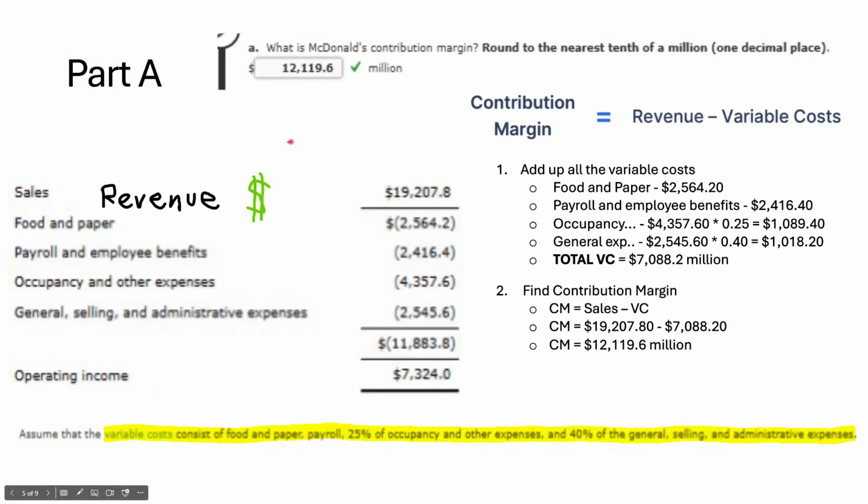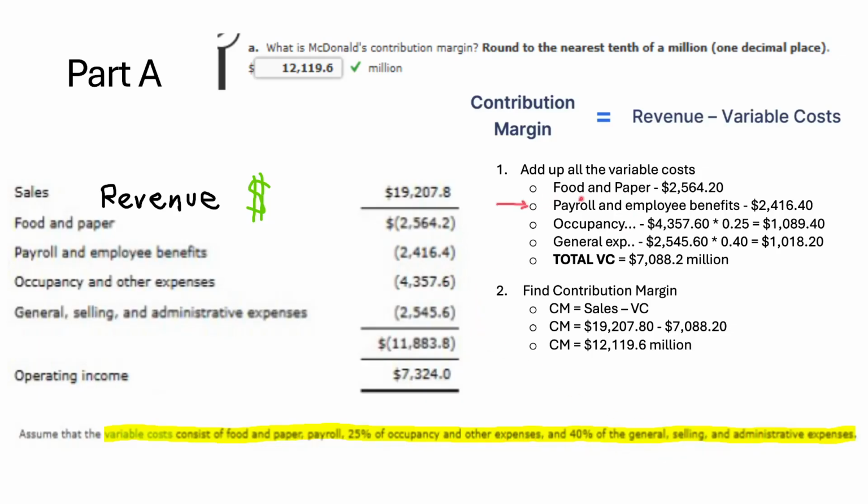So for part A, it's really simple. Just find contribution margin. How we do that is that first we have to find all the variable costs, right? It defines here that variable costs consist of food and paper, payroll, 25% of this, and 40% of that. So you take these four things and solve it.